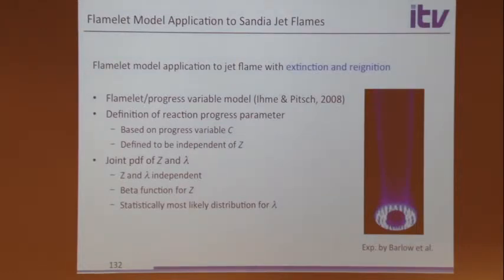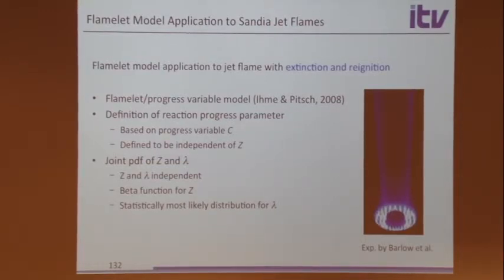But we looked at extinction, extinction and reignition, and we figured if you want to predict extinction, then the dissipation rate itself is not good enough. We use a progress variable as a second parameter, and whenever you have local extinction, it should be low, and when you have no extinction, it should be high.